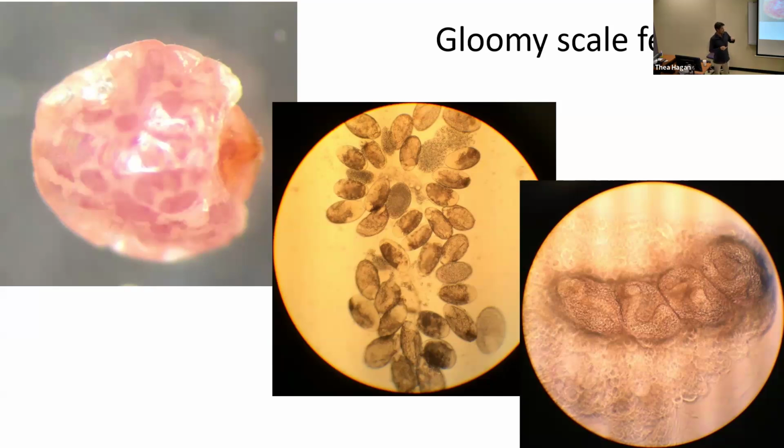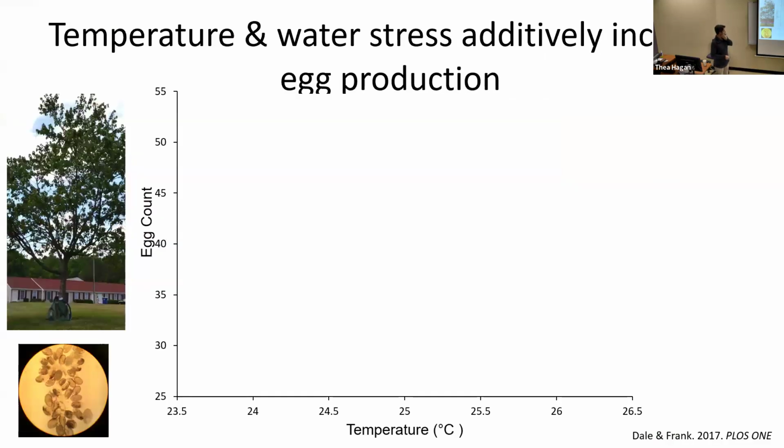We also measured water stress on those trees. We manipulated how much water some were getting, so we had a drought stress treatment and a water treatment to see how they respond to temperature and to water stress in trees.